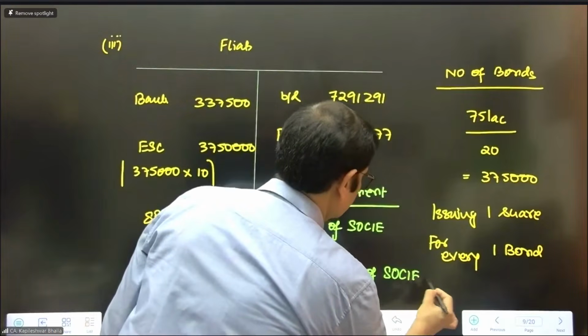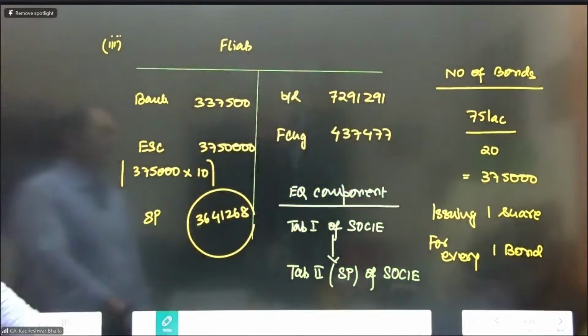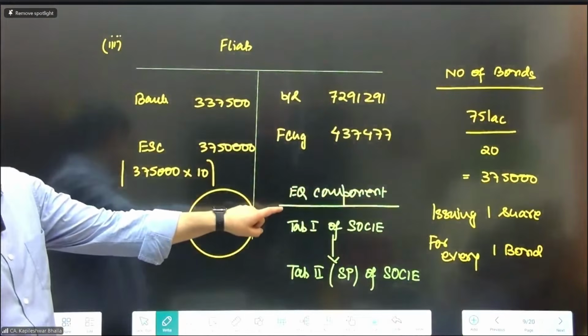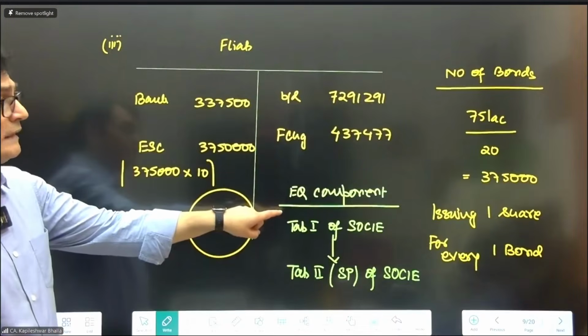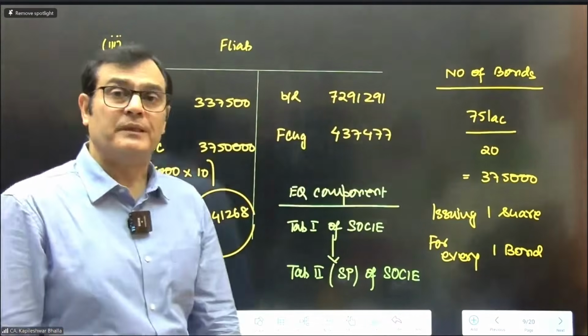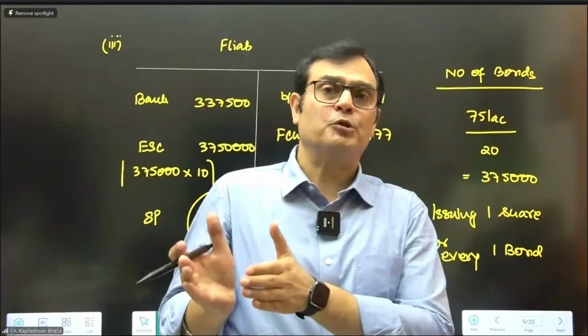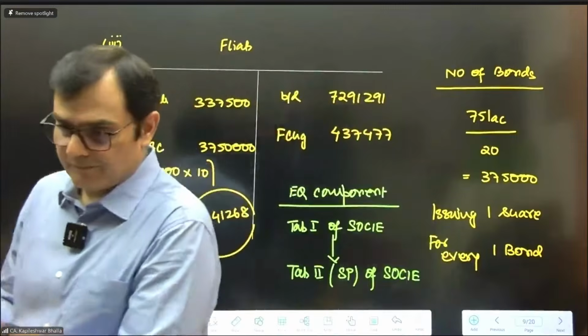Because share premium is also part of tab number 2. So this element will also be transferred. You should make a mention to the examiner that the equity component of CFI is going to be put in the share premium in tab number 2, because that money will now be pushed to tab number 2, that is share premium.